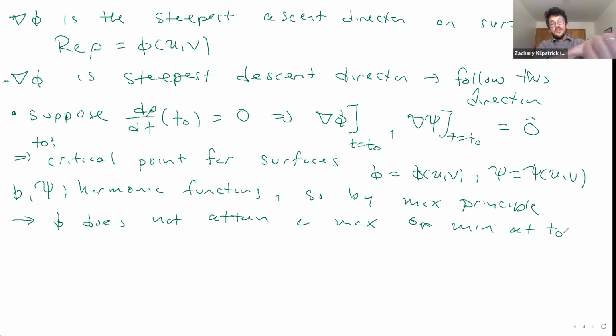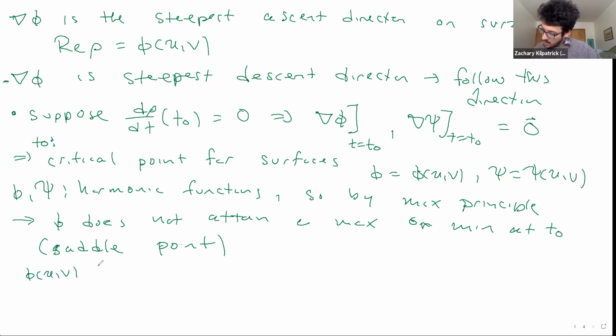It's a critical point on a surface, but because it's a harmonic function, it can't attain a max by the max principle. So at t0, the only thing it could be is a saddle point. This is one of the reasons why this is called the saddle point method.